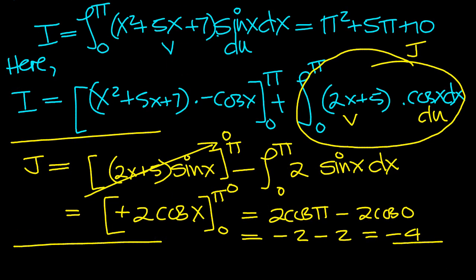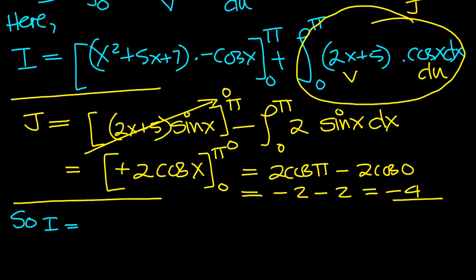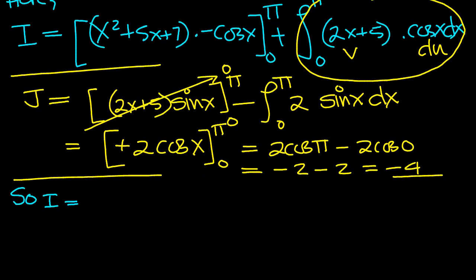Now we can go back to our original problem. So I is equal to then, let's see what we've got. We've got this, put pi in here, top value, take bottom value, pi squared plus 5 pi plus 7 times minus cosine pi, which is minus 1, so that's plus 1.